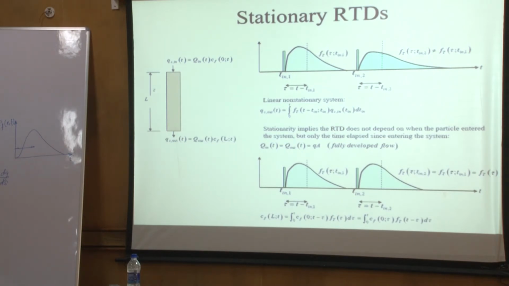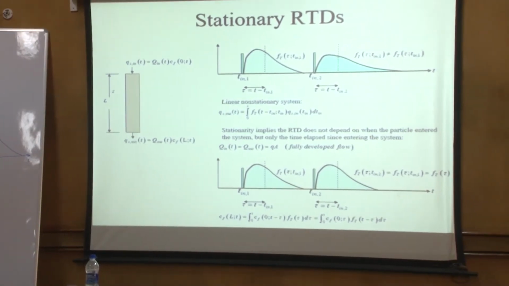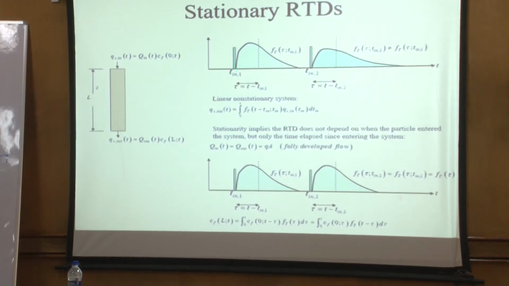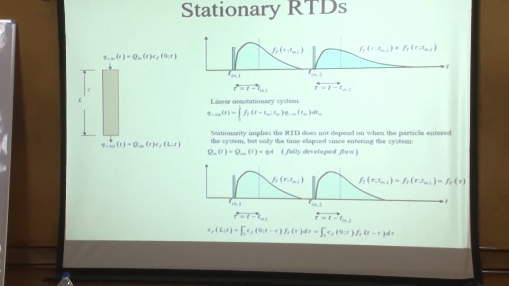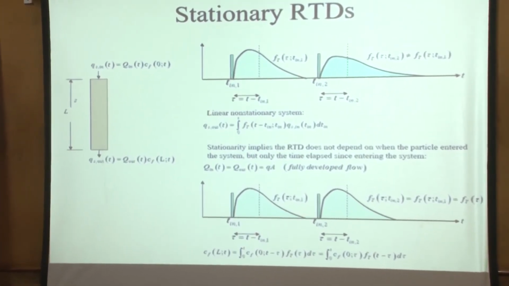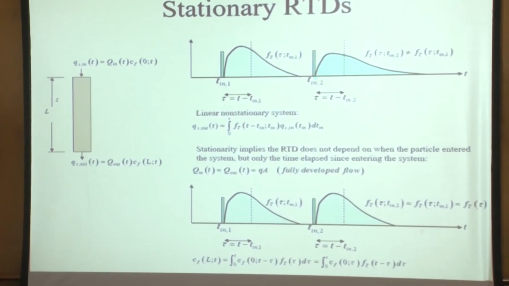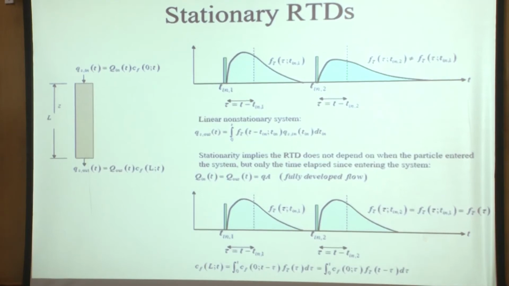Let's say at the inlet end, at the first instant t1, I introduce a certain mass of solute. And then the residence time distribution that I got when I introduce particles over here looked like this, in time. Then later on, at some other time t2, I introduce the same mass of particles.